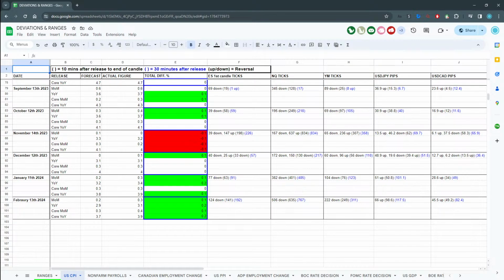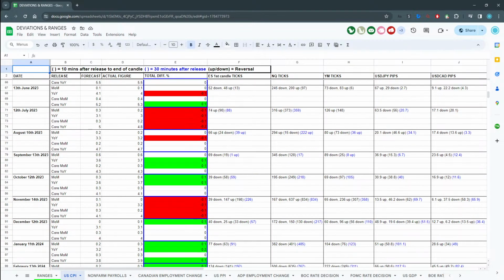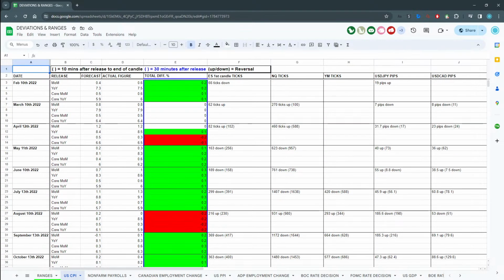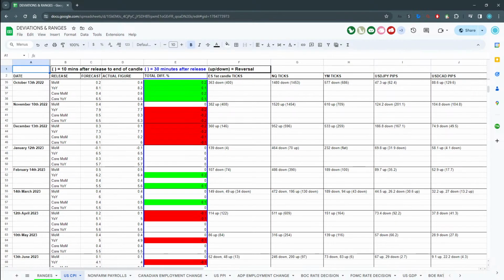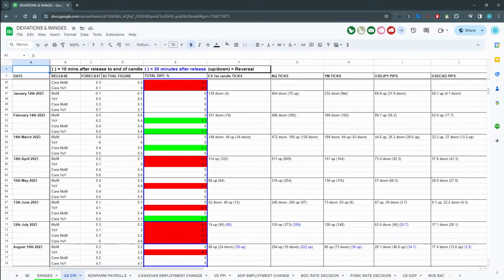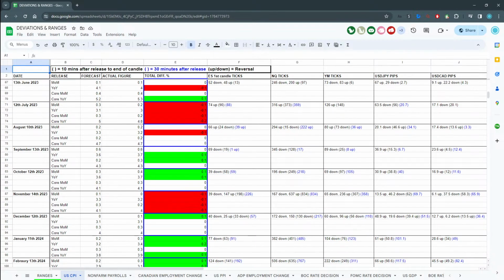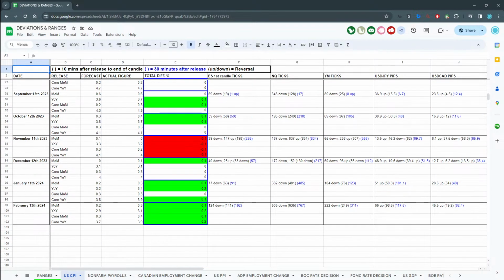Now, this is where the meat of the information is provided, or what is going to be the most useful for you guys as day traders to understand what the markets are doing.